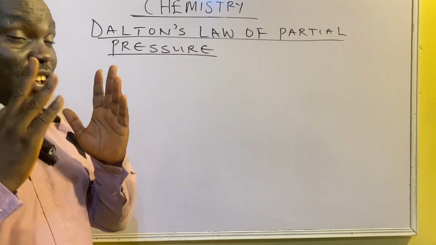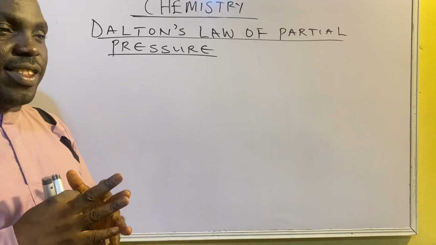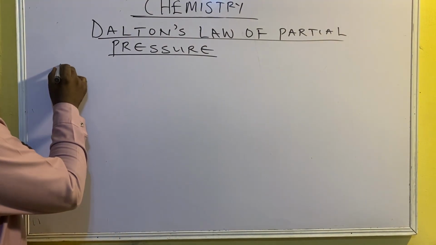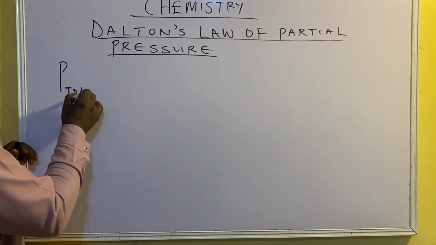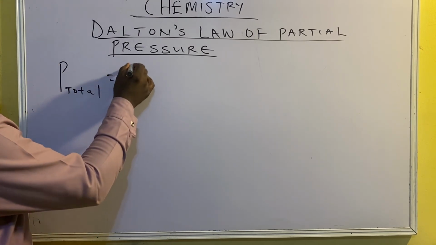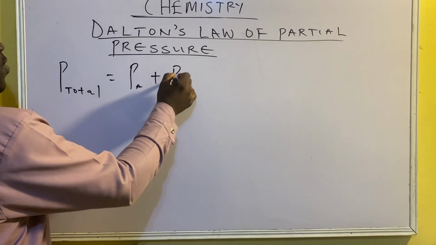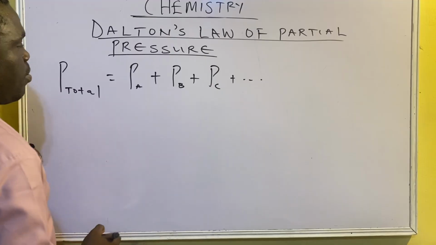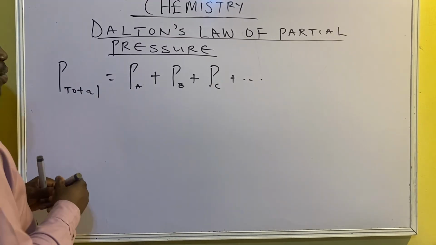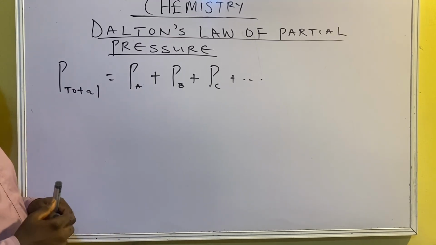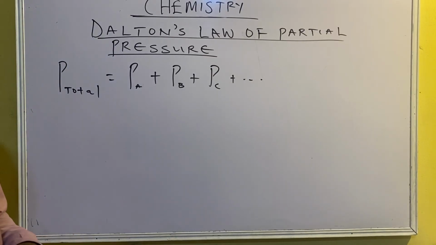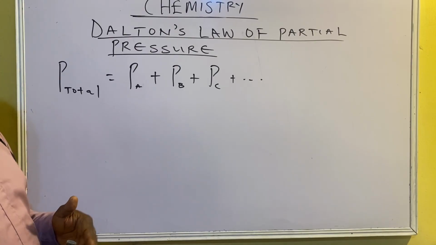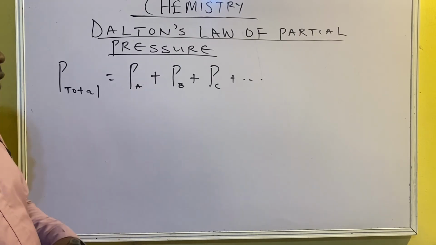So what it's saying is that your P total mathematically is equal to PA plus PB plus PC, as the case may be, where A, B, C refer to the individual gases, and PA, PB, PC refer to the partial pressure of each gas.